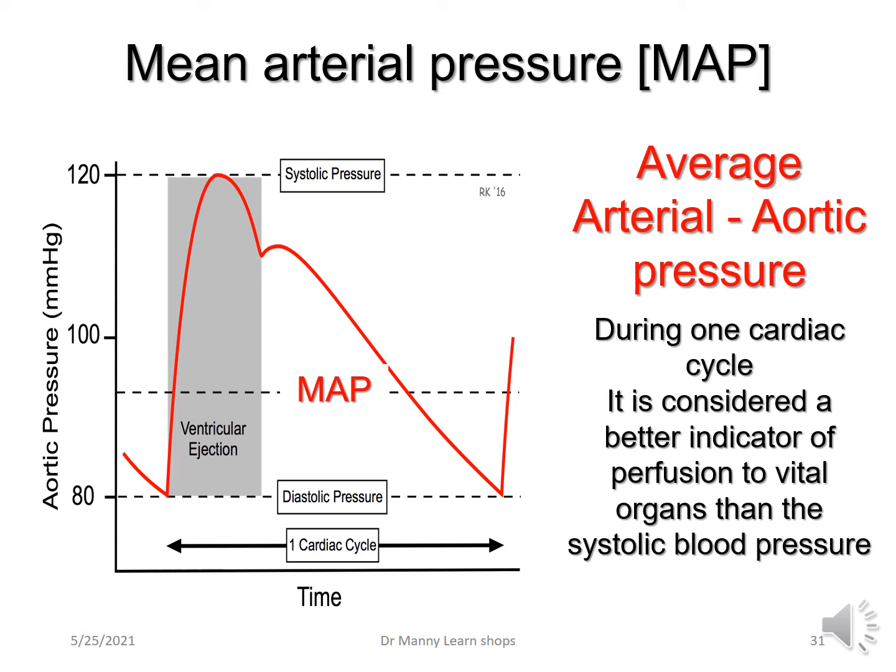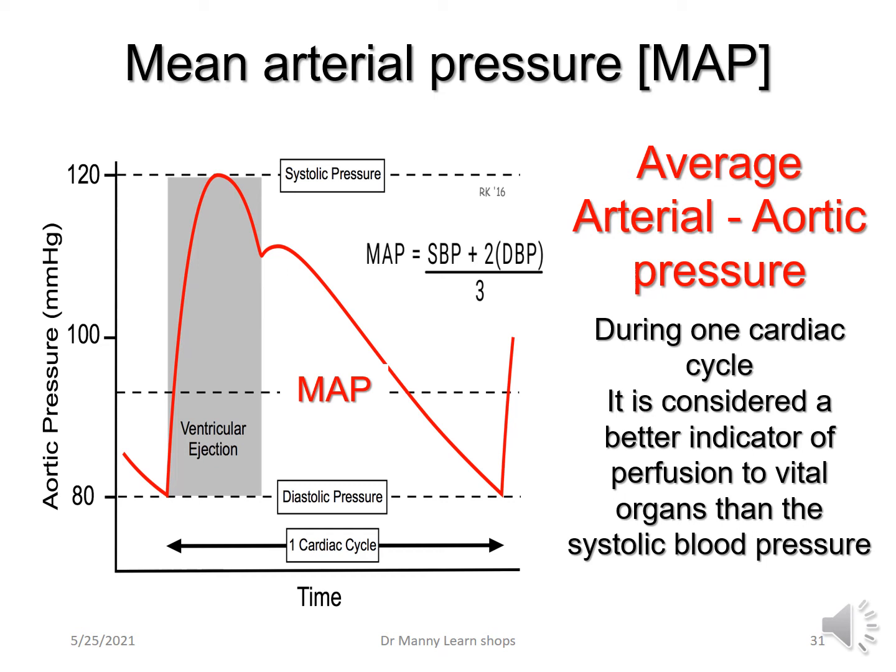I mean, your cerebral circulation has got a different systemic blood pressure compared to your kidneys, compared to your skin, compared to your heart, your lungs, your liver, etc. So as a general rule, the mean arterial blood pressure is the average arterial or aortic pressure that occurs during one cardiac cycle. And it's considered a better indicator of perfusion to the vital organs than the systolic blood pressure.